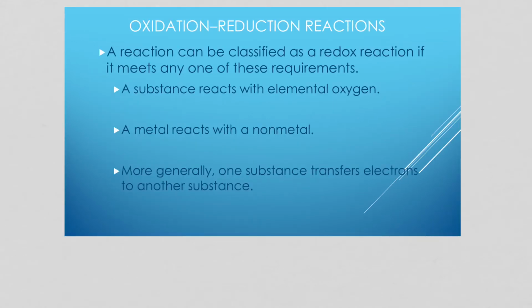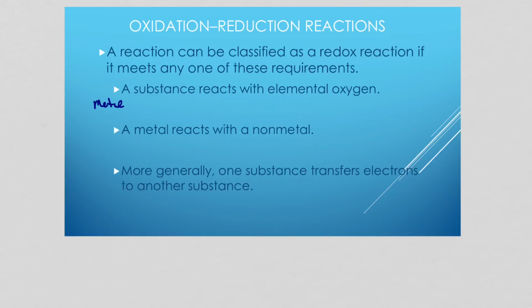So we can look at four categories, if you will. The first one involves a substance reacting with elemental oxygen. So this falls into two categories. We could have a metal reacting with elemental oxygen. So I'm going to write that here.